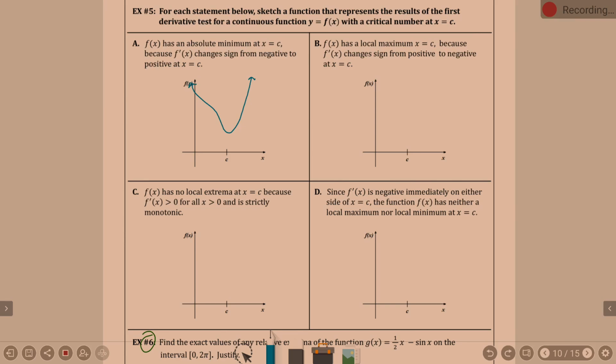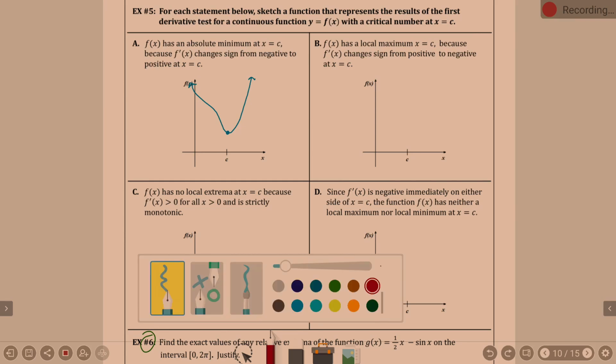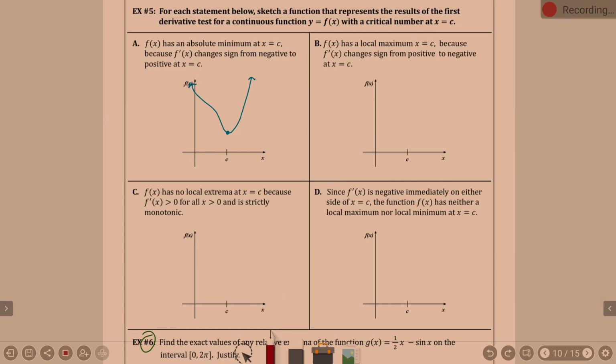Now, can it just be a parabola? Yes. We're looking at absolute minimum. Absolute minimum means it is the lowest point, yes? So the graph has to be going up, okay? And the derivative here would be negative, here the derivative would be positive. So your derivative is changing there.